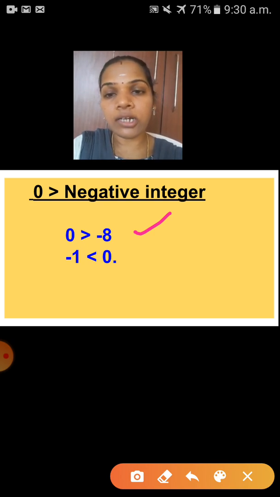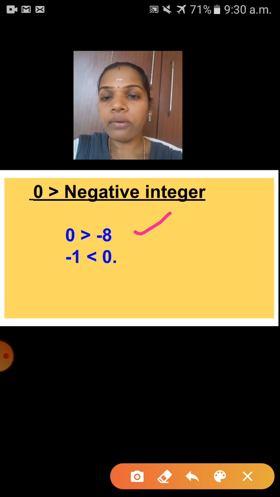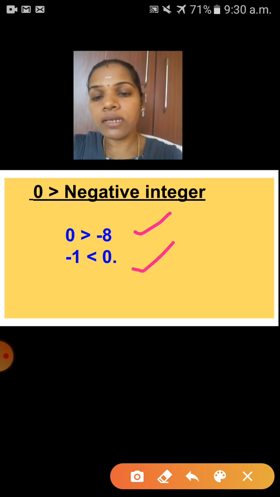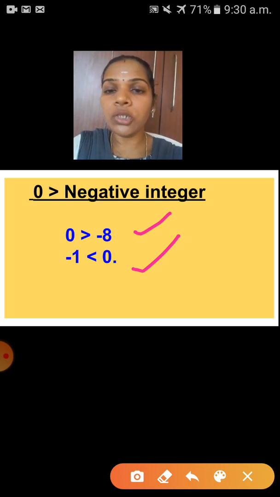Why? Because negative integers lie on the left side of the 0. So 0 is greater than all negative integers. So next one, see here, minus 1 and 0. Which one is greater? Yes, 0 is greater than minus 1, or minus 1 is less than 0.